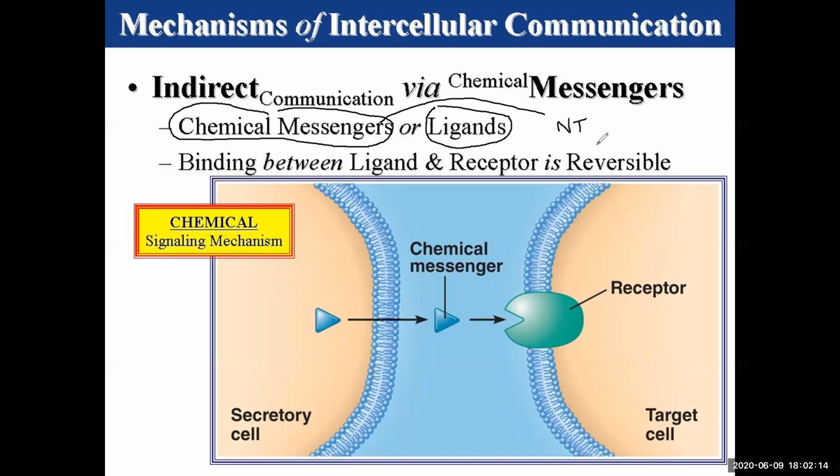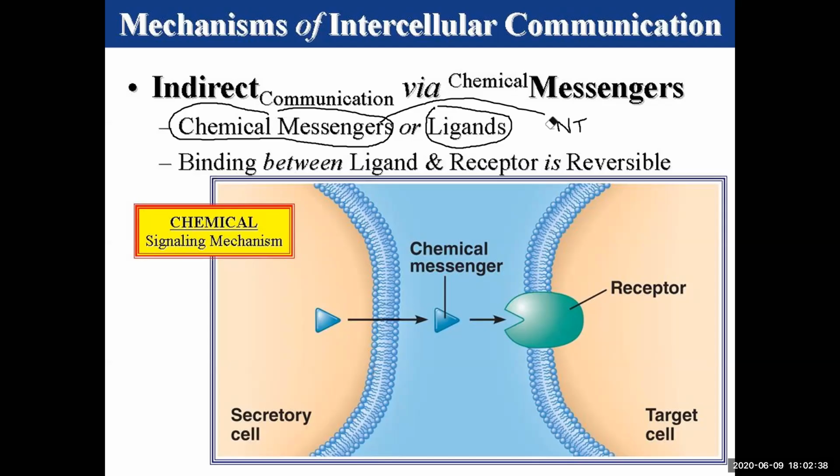Neurotransmitter, one word: neuro, transmitter. Transmitters. So two or more neurotransmitters with an S at the end, one neurotransmitter, get rid of the S at the end. So that's for the nervous system, neurotransmitter.